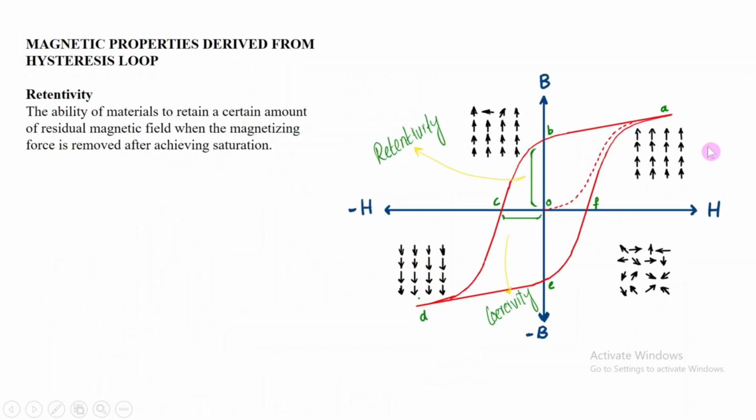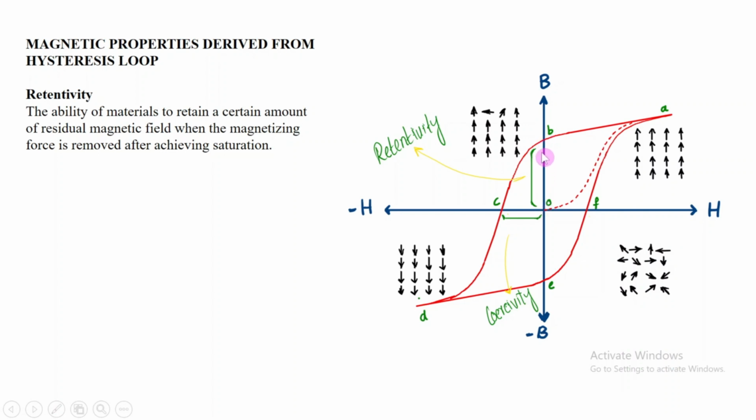Now, some properties are derived from this hysteresis loop. From here to here, this region is called retentivity. If we zero the external magnetic field, the material still has its own magnetic property and is still magnetized.